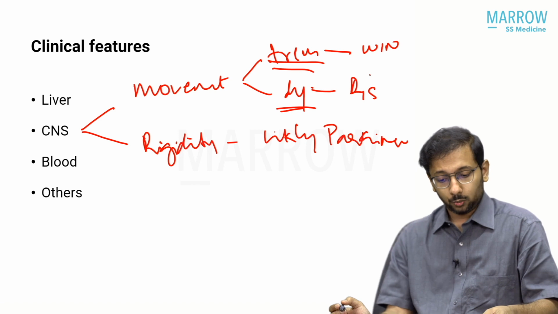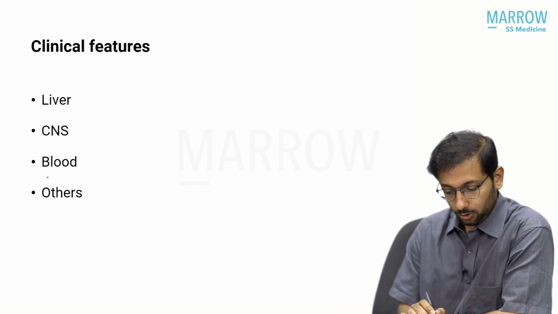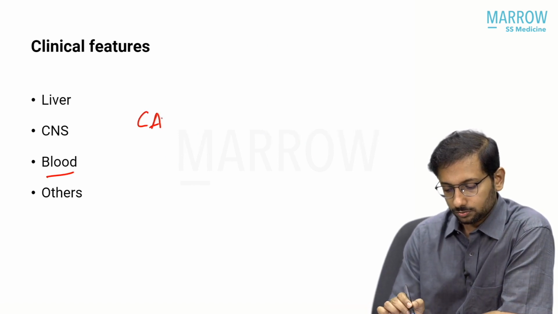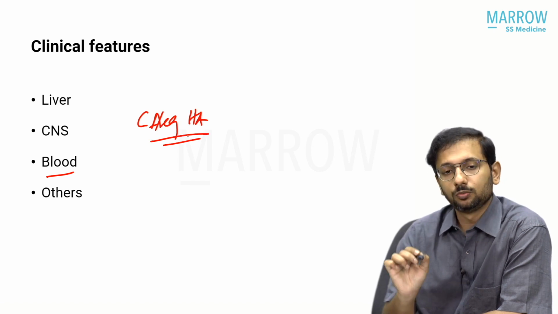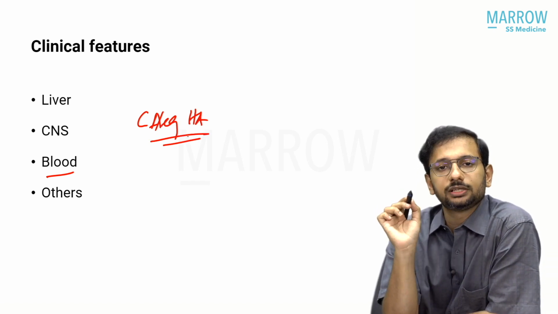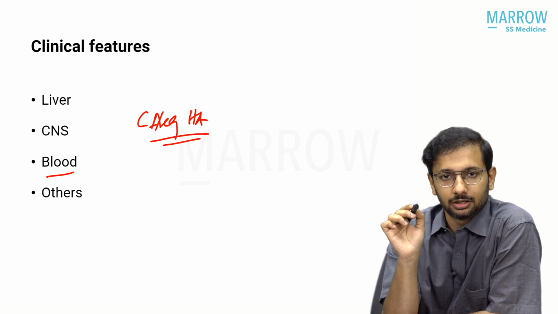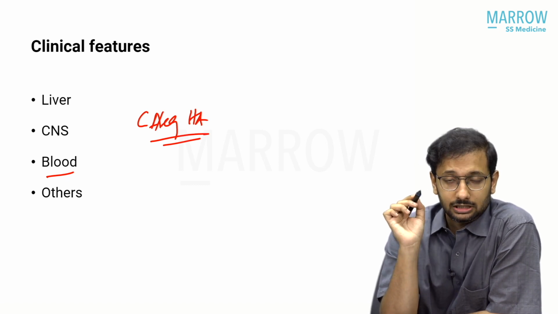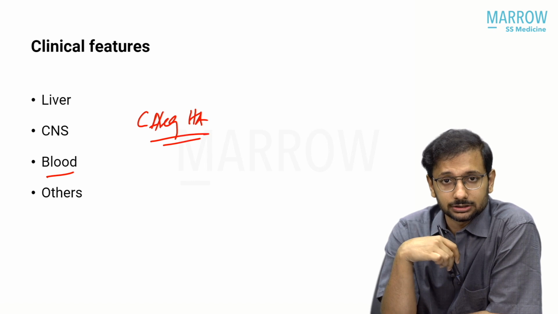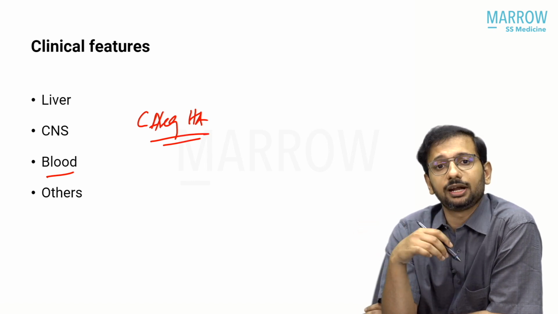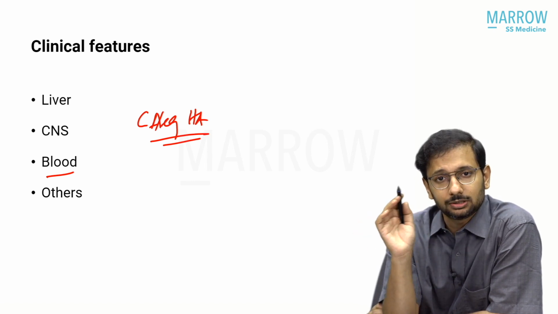With respect to blood, what you need to know is almost always you have Coombs-negative hemolytic anemia. Coombs-negative hemolytic anemia is almost always an accompaniment in acute liver failure. Why? Because once the liver cells get necrosed, the copper is completely released into the bloodstream where it attacks the blood cells and causes hemolytic anemia.